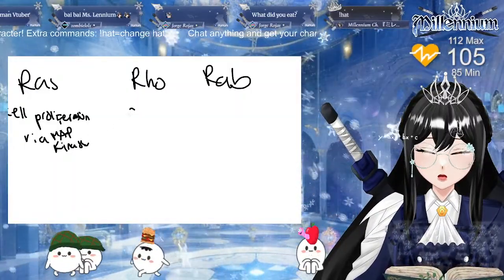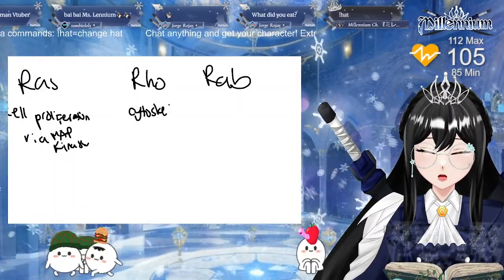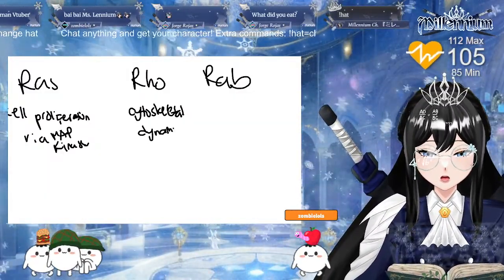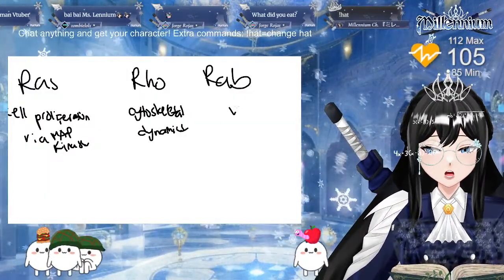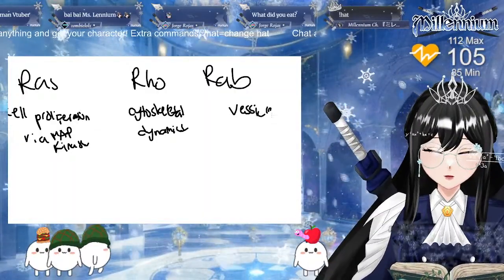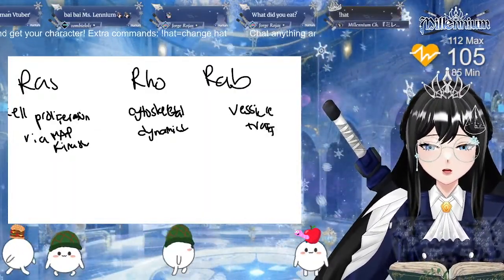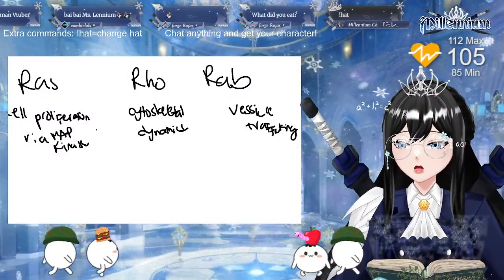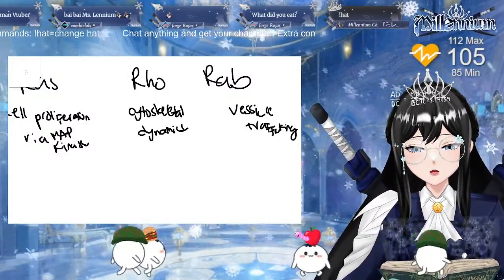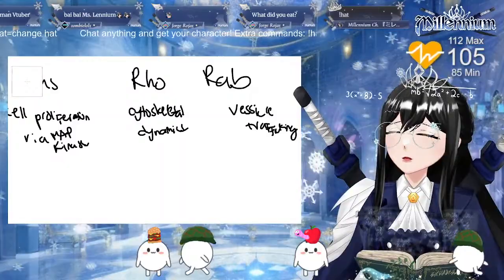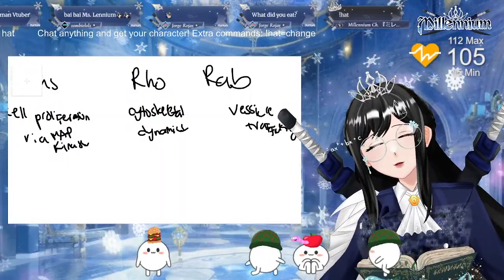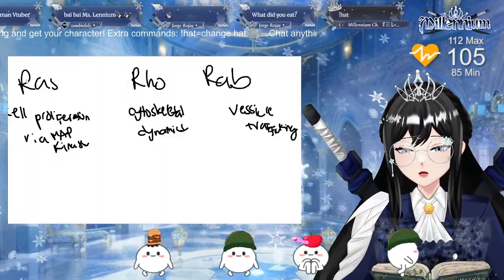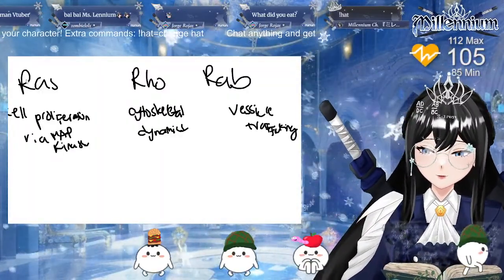Rho is cytoskeletal dynamics, and RAB is vesicle trafficking. Again, RAS is cell proliferation, Rho is cytoskeletal dynamics, and RAB would be vesicle trafficking.